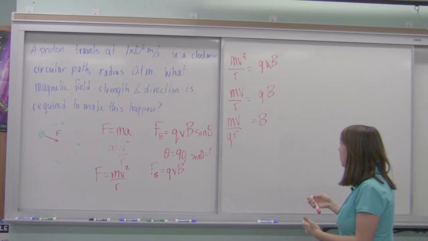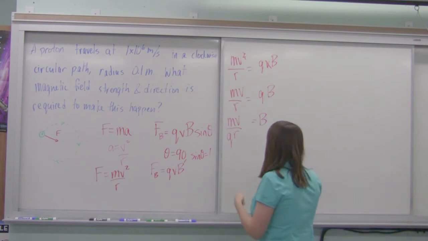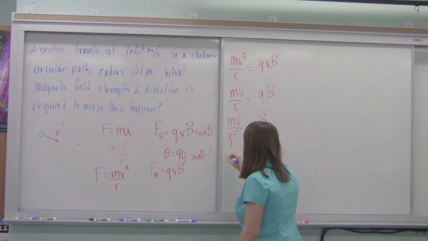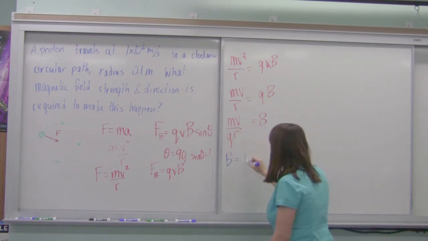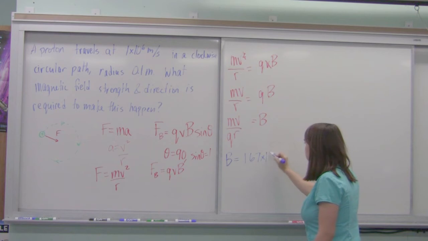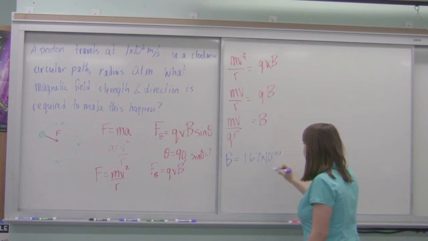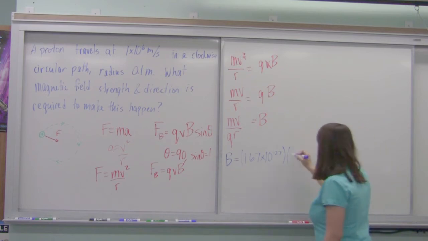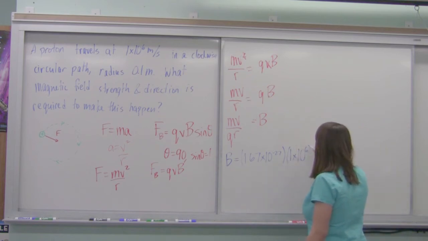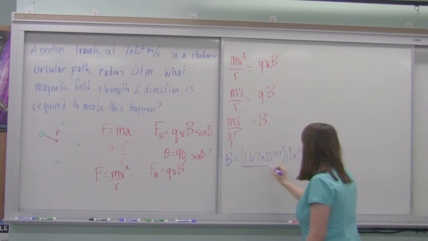I know these values, so I can just start plugging them in. The mass of a proton is 1.67 × 10⁻²⁷ kilograms. The velocity of this proton, as given in the problem, is 1 × 10⁶ meters per second.